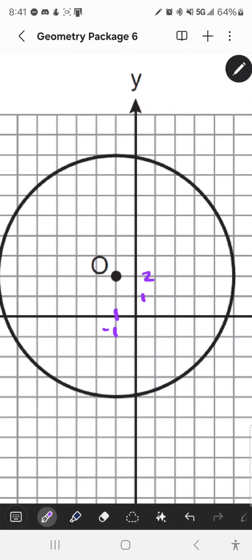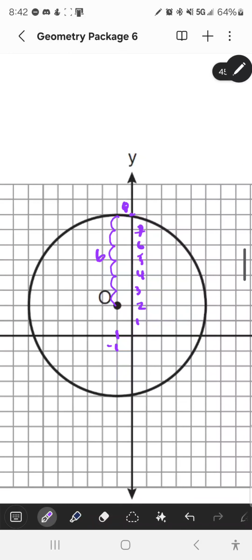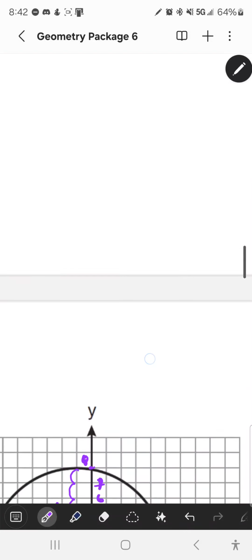This is 1, 2, and something that we can do is 3, 4, 5, 6, 7, and 8. So we can just say 1, 2, 3, 4, 5, 6. So this is 6. So our center is negative 1, comma 2.